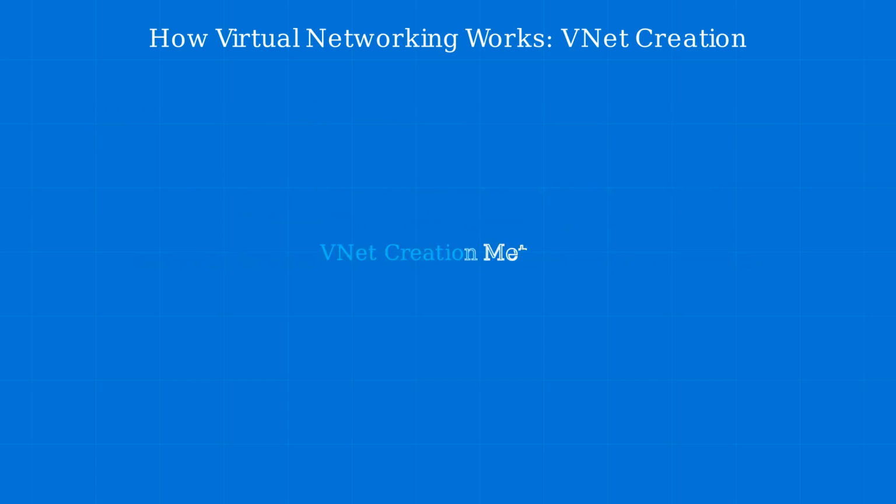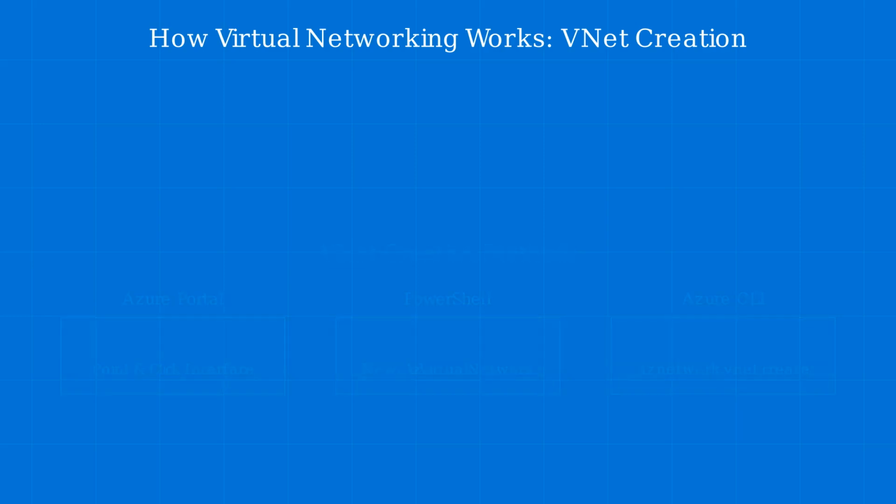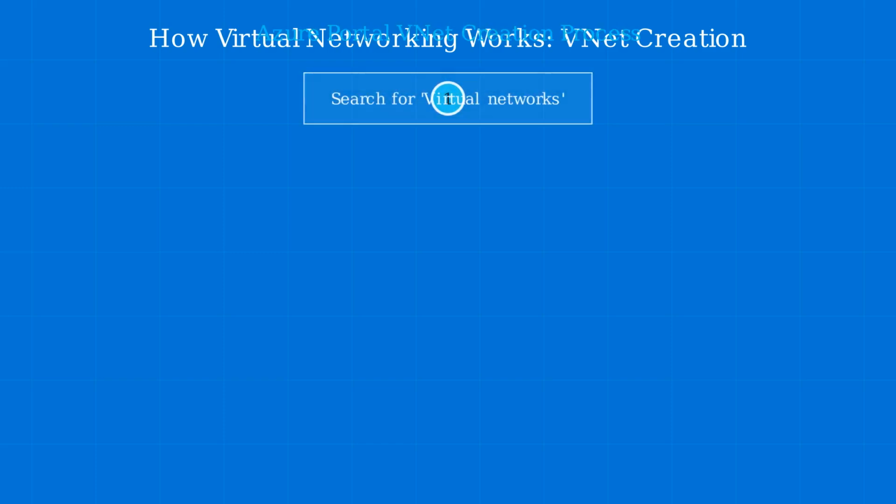Azure offers multiple ways to create a virtual network. You can use the Azure portal for a visual interface, PowerShell for scripting, or the Azure CLI for command line automation. Let's walk through the VNet creation process in the Azure portal. First, search for virtual networks in the Azure portal search bar. Next, click the Create button to start the VNet creation wizard.